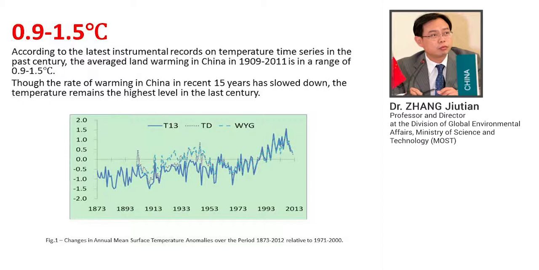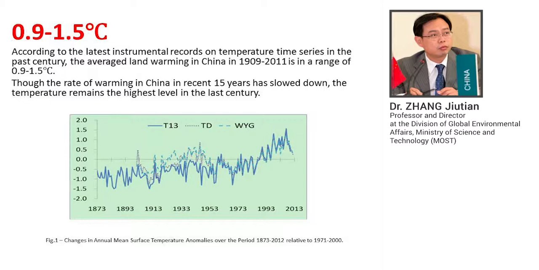The reason this temperature is higher than the IPCC AR5 global level, which is about 0.85, I guess, is because this figure just includes the land temperature, and the ocean is not included. That's one of the reasons.